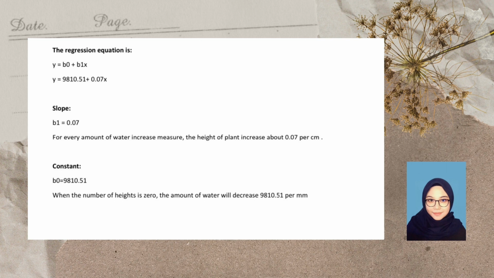And for the slope, to interpret the regression equation, the slope is b1 equals 0.07, and the constant b0 value is 9810.51.